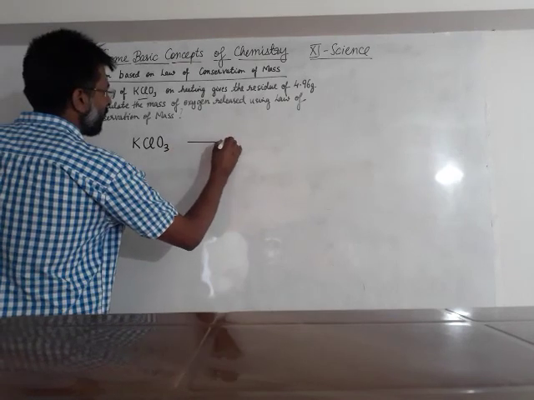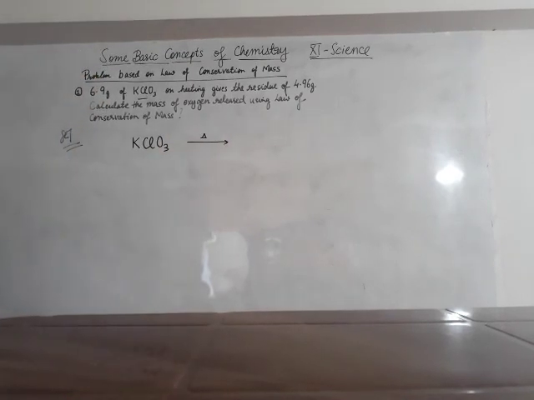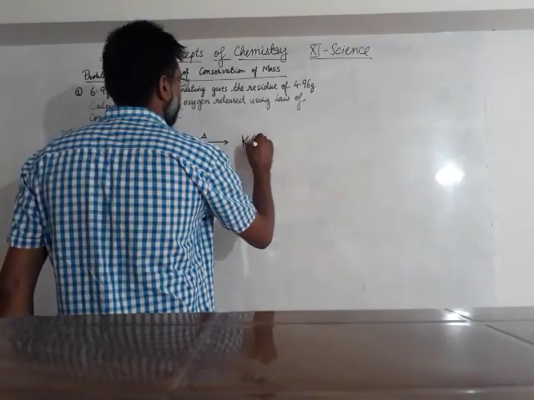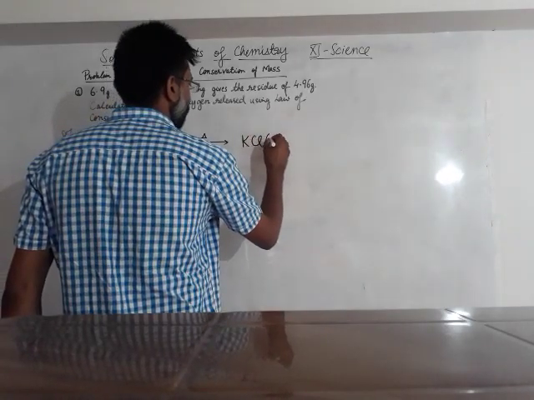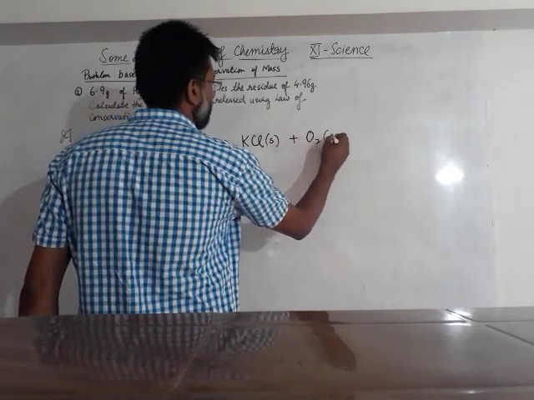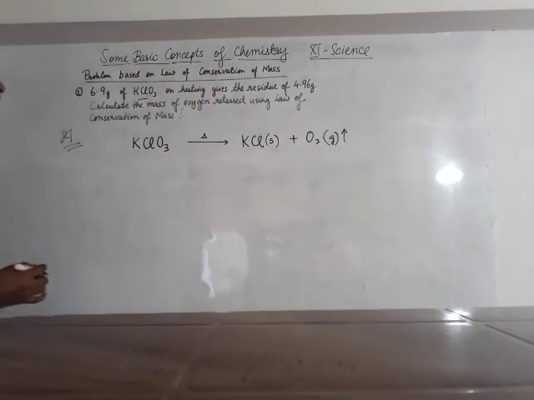When potassium chlorate is heated strongly, it undergoes a decomposition reaction to produce the residue as potassium chloride, and the gas which is liberated is oxygen gas. This gas escapes in the atmosphere, whereas the residue is potassium chloride.